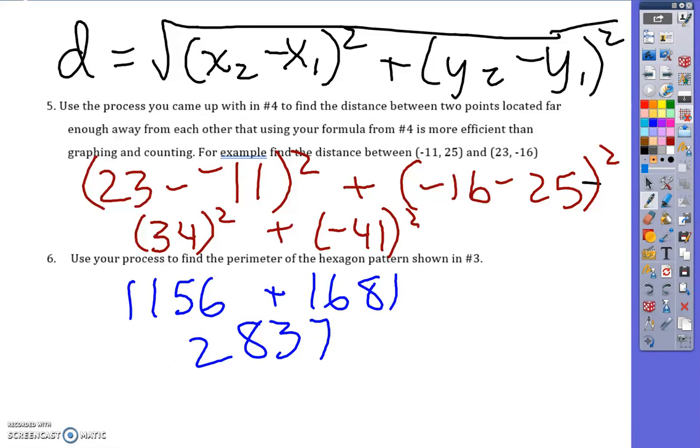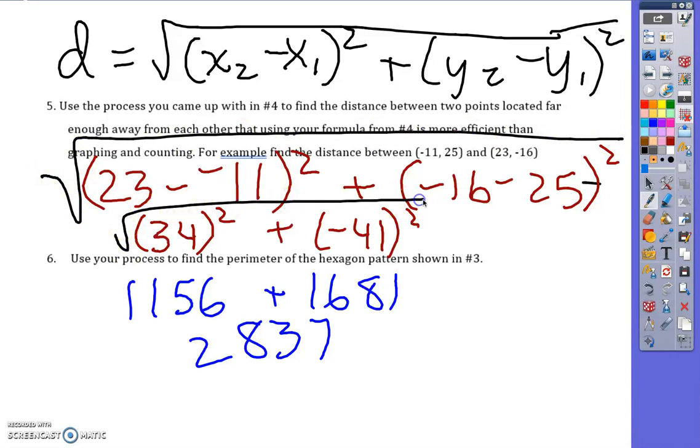So the whole time that square root's kind of been hanging out and I've been ignoring it because it's annoying. So I'm going to stick it back on because I wanted us to think about what we had to do. So the first thing we do is figure out this number, which was 34. The next thing we do is figure out that number, which was negative 41.